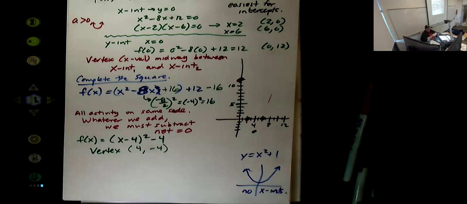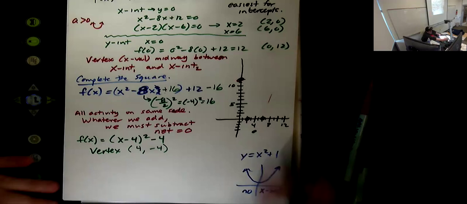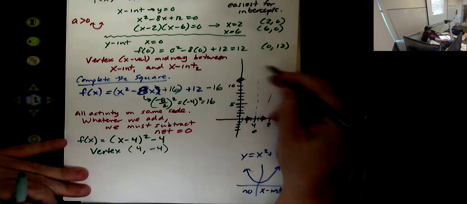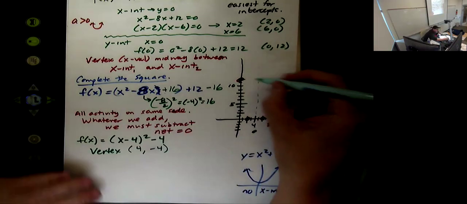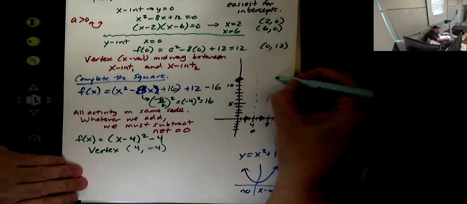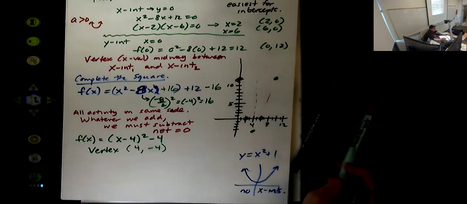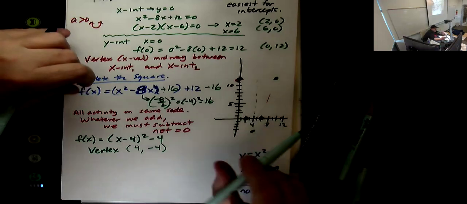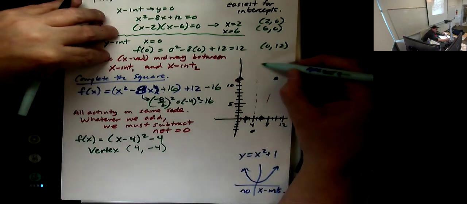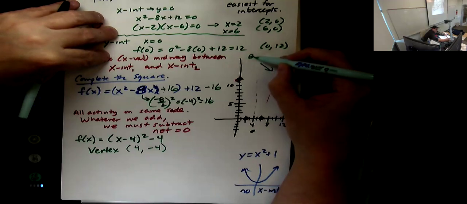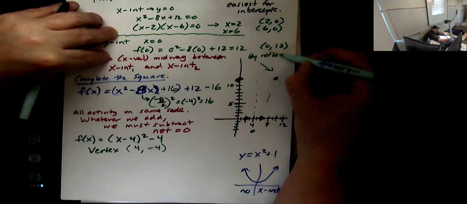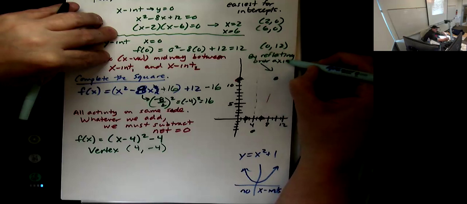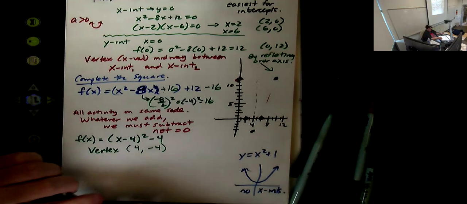I'm going to pencil in a nice little axis real quick, just so I can reflect this on the other side. So this one we get by reflecting over the axis. We're taking advantage of the symmetry.